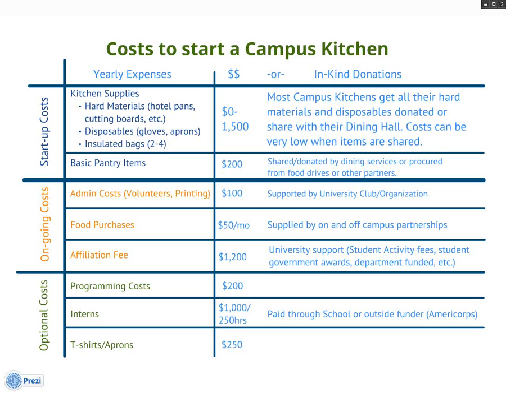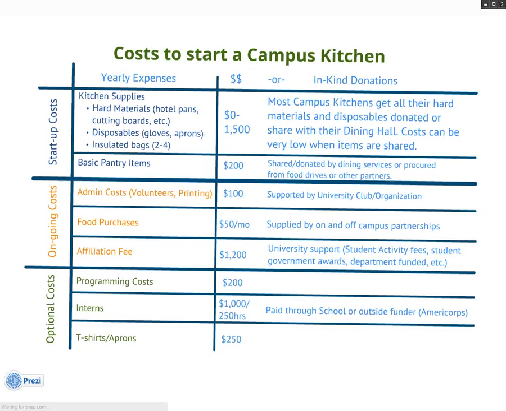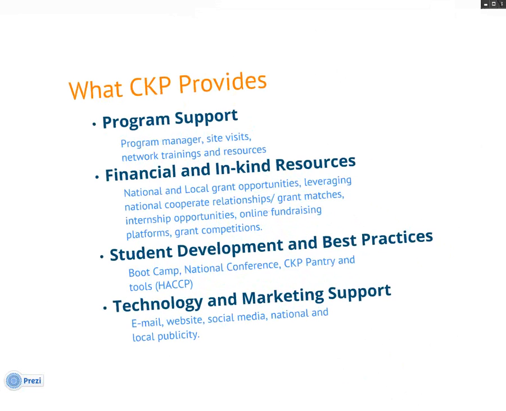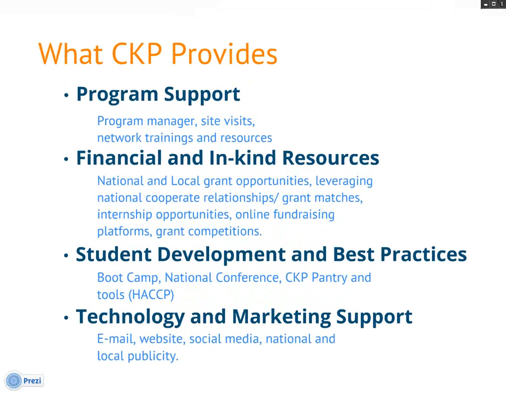It provides many different helpful resources to assist in raising necessary funds, finding new partners, or working with their clients. But like I said, we'll talk a little bit more about that as we move forward. As we show the cost, I also want to show the value of what you're receiving for being a part of the Campus Kitchens Project.